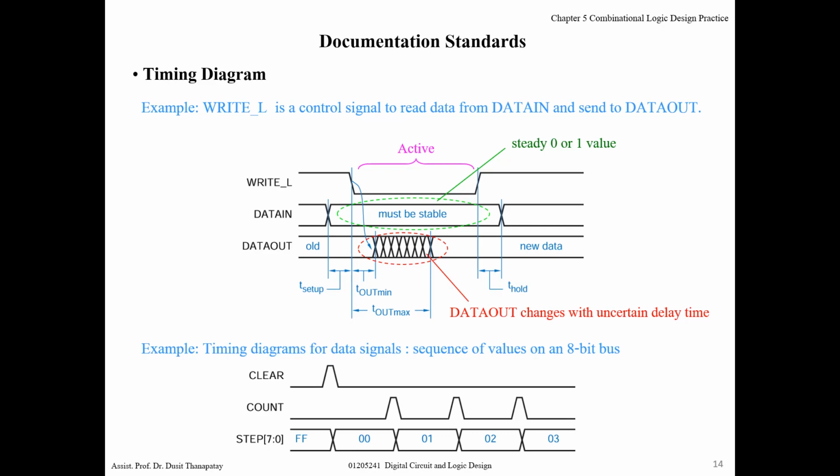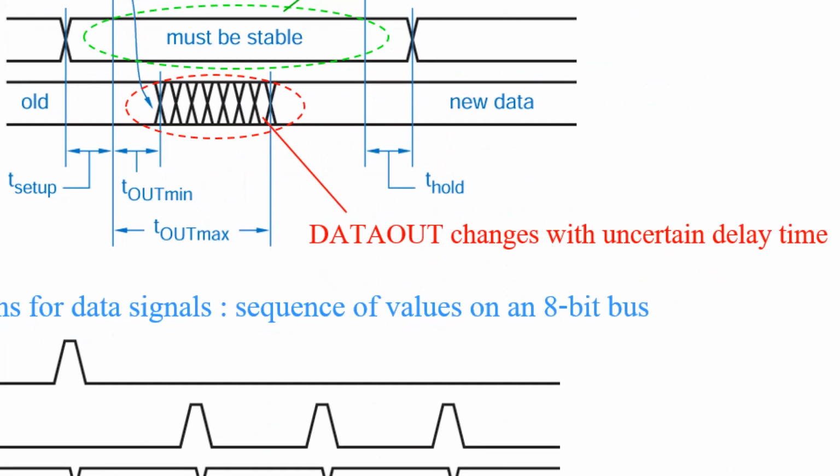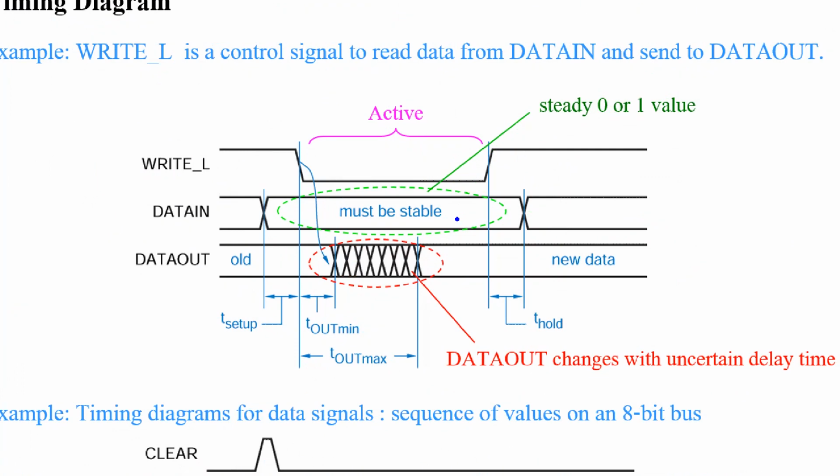And how about this timing diagram? Sometimes we write in this style, namely this write underscore L. This one is an active low signal, right? So when this write signal becomes low, then it's active, right? So maybe it will read the data from data in.